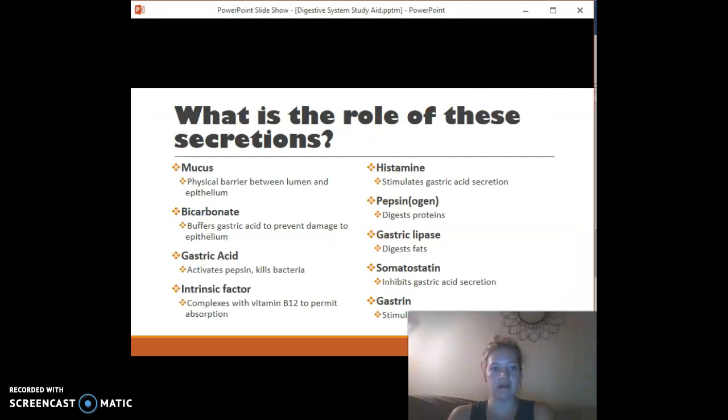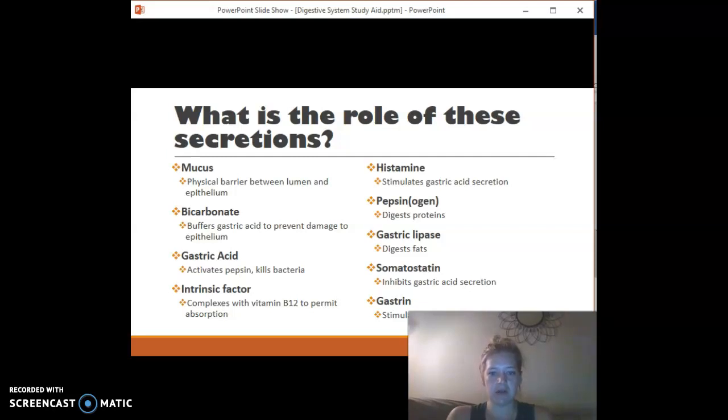Now here is a little summary of the role of the other secretions that we saw on the last slide. No need to memorize this. Like we mentioned, gastric lipase plays a role in digesting fats, and pepsin, and its precursor pepsinogen, have a role in digesting proteins as well. And then 2 other things I would like you to notice on this slide.